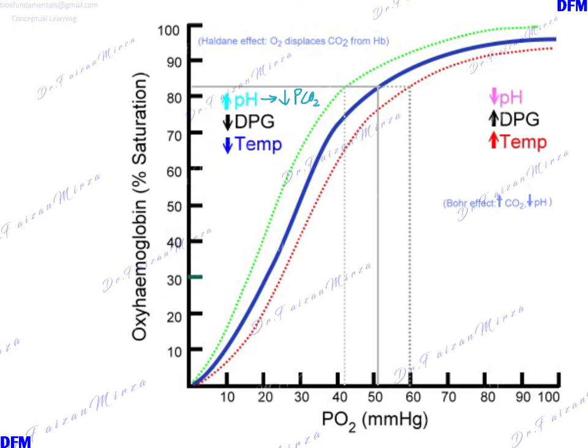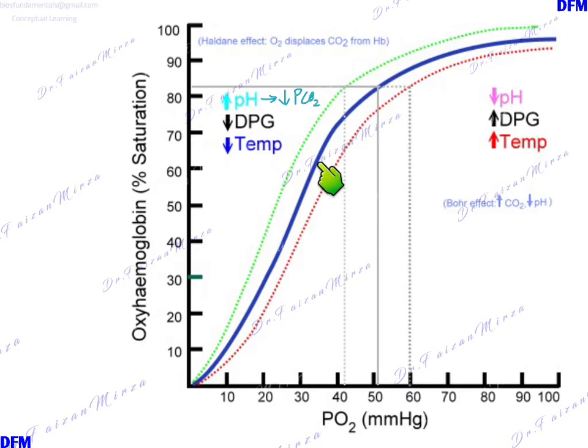So at about this much oxygen supply to the blood, you see that almost 98 to 100% of the hemoglobin gets saturated with oxygen. This axis represents how much hemoglobin is saturated with oxygen, or how much oxyhemoglobin is there. So the more oxygen there is, the more oxyhemoglobin formation there will be.